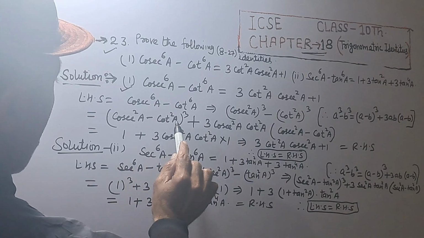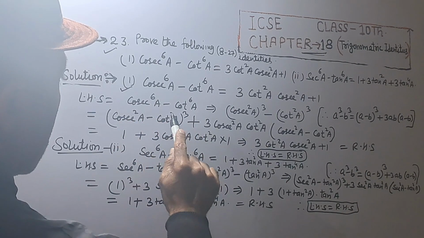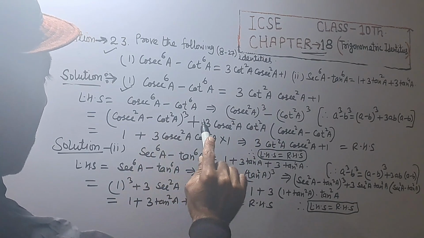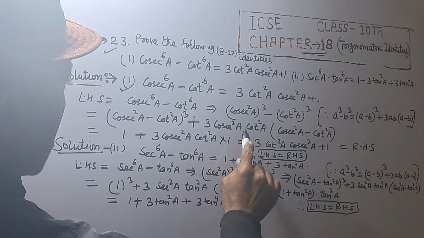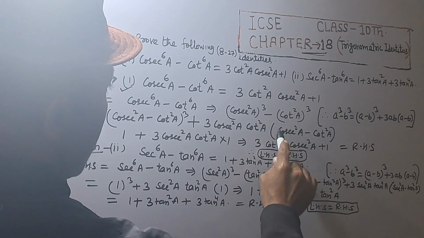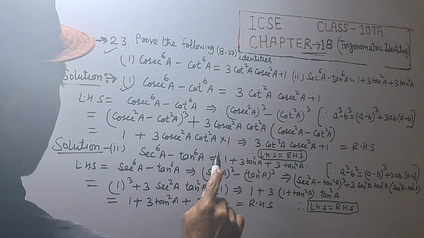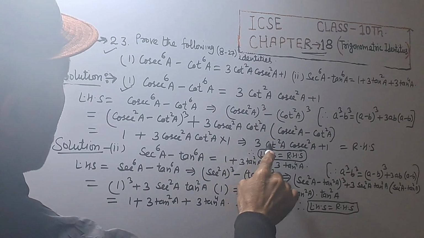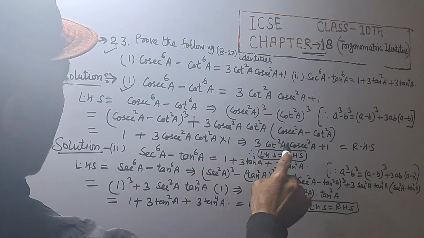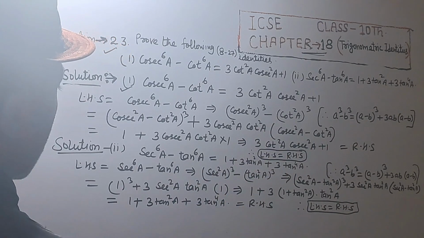We apply the formula cosec^2 A minus cot^2 A is equal to 1, and 1 raised to power 3 is 1, plus 3 into cosec^2 A into cot^2 A, bracket cosec^2 A minus cot^2 A, that is also equal to 1, and we get 3 cot^2 A into (cosec^2 A plus 1), that is our right hand side.